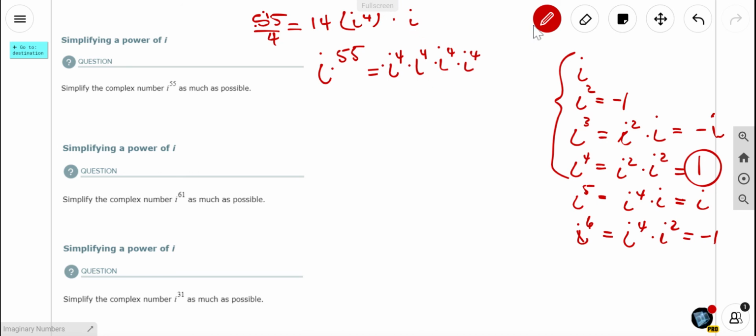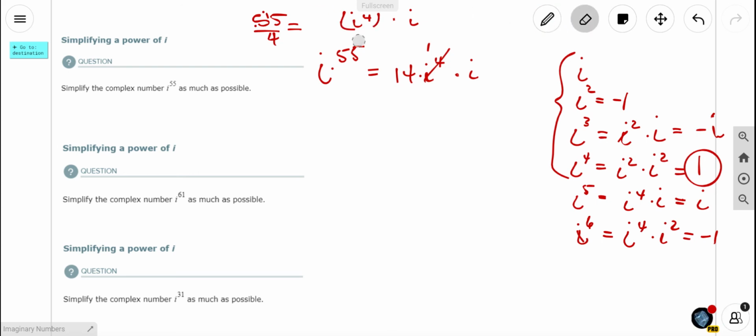Okay, I'm going to erase this. So basically we were left with 14 i to the 4ths, times i. I didn't mean to write it like that; it just meant 14 i to the 4ths, not the number 14.